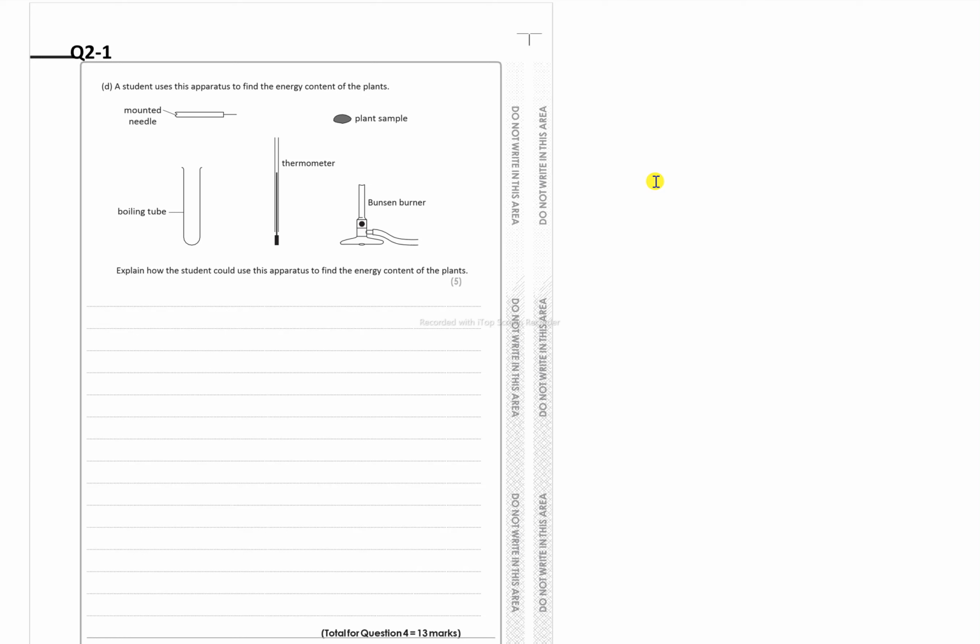Right, here now look. Here you've got a 5 marker. They've given you a set of equipment and then they want you to use it, and it'll be exactly the same as that.